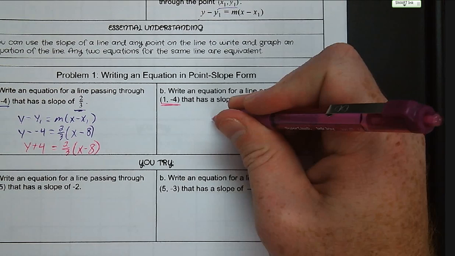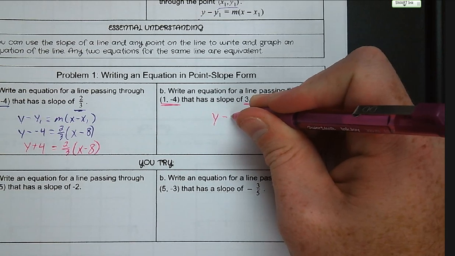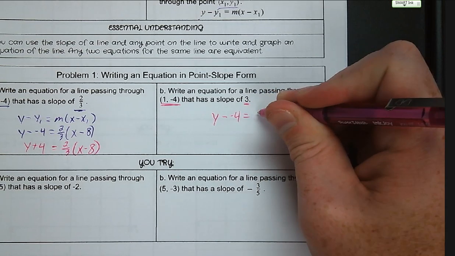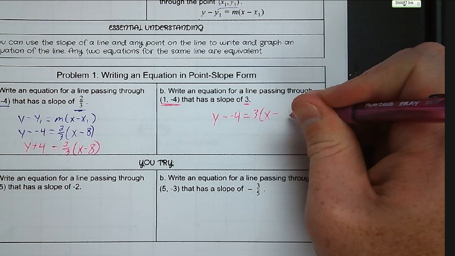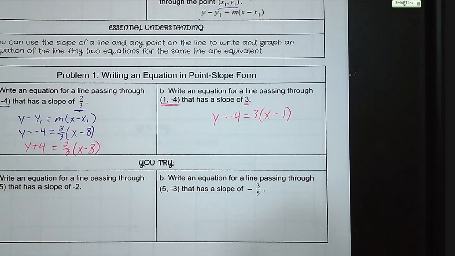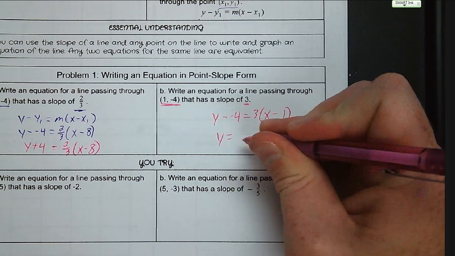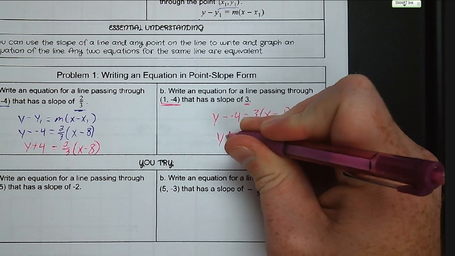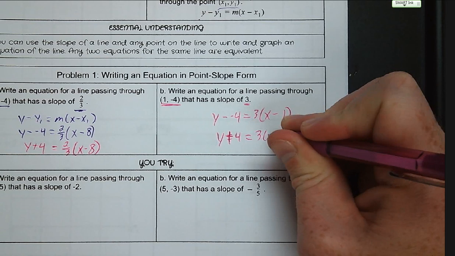So we have y minus negative 4 is equal to my slope 3 times (x minus 1). Now we just need to simplify. Y plus 4 is equal to 3 times (x minus 1).